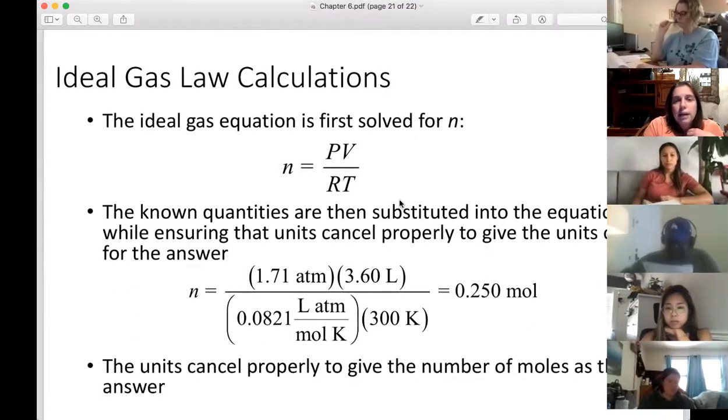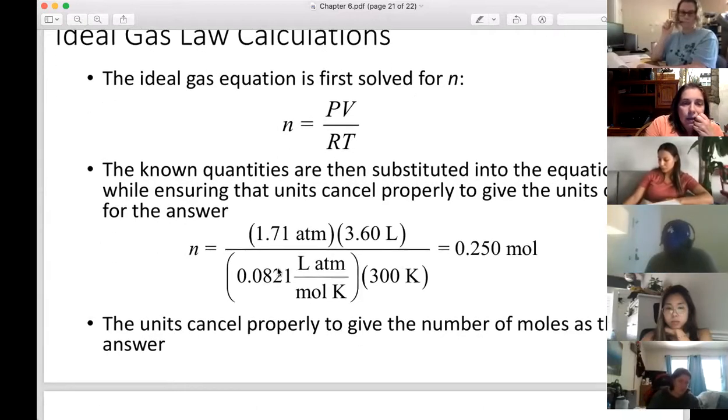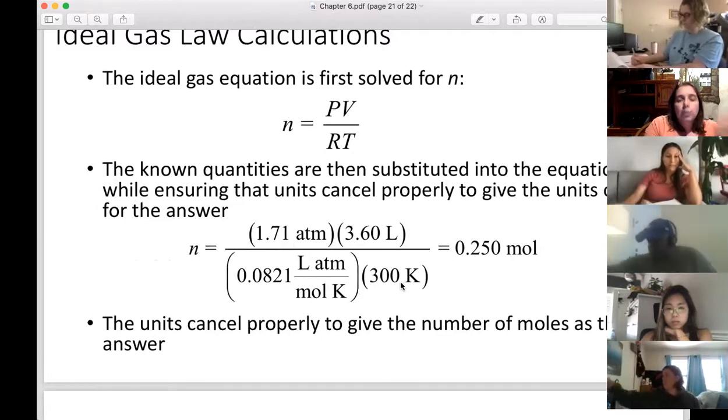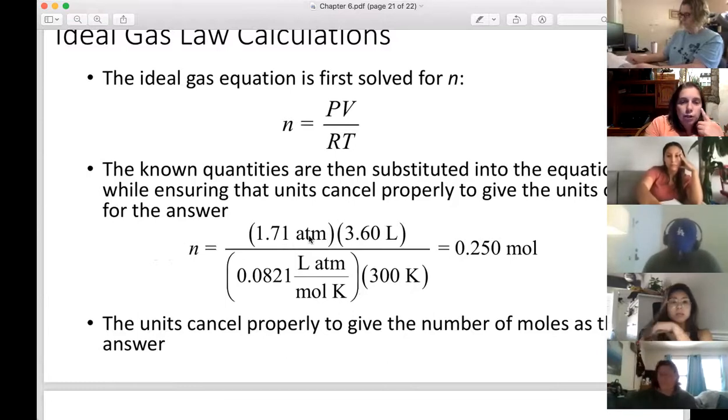So we'd have a setup similar to this, where we know that we have the 1.7 atmospheres, 3.6 liters, R is our constant, and then 27 degrees Celsius converts to 300 Kelvin.